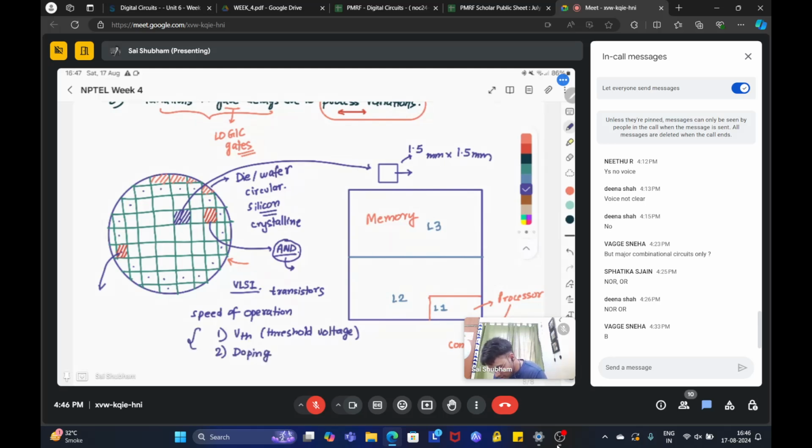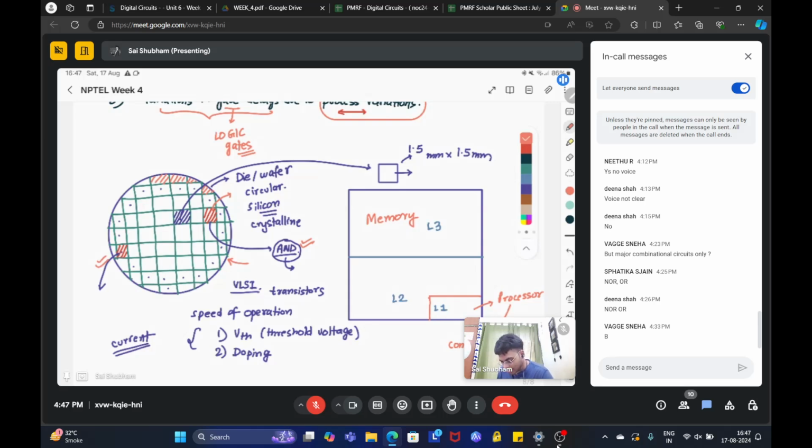This influences your current, and that current determines how fast your output arrives. So it is possible that in this portion the threshold voltage is less, the doping is more, and the current is high, so the AND gate performs faster compared to this.